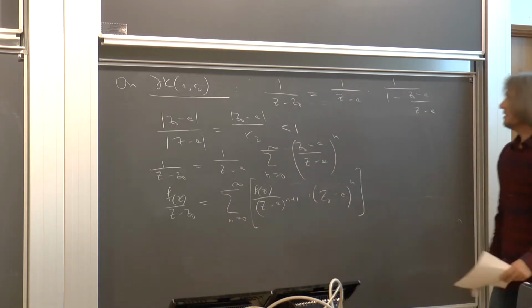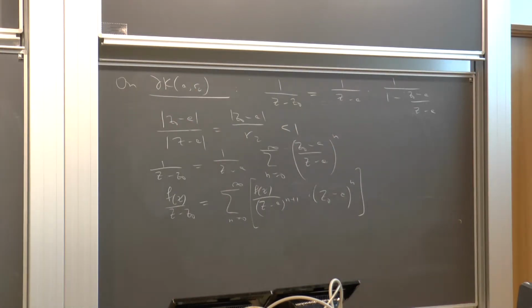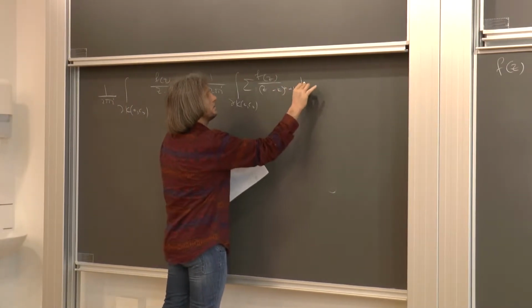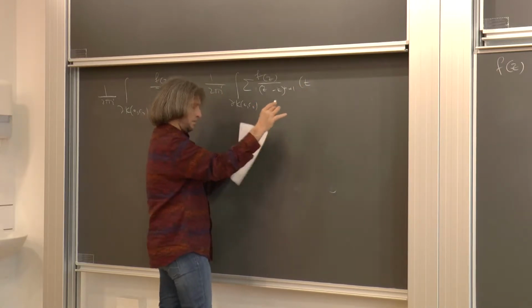So then when we start integrating, the summand we are looking at is 1 over 2 pi i integral over the circle of radius r2 of f of z over z minus z naught dz, which becomes 1 over 2 pi i integral over the circle of radius r2, same thing, f of z over z minus a to the n plus 1, times z naught minus a to the n, with dz at the end.